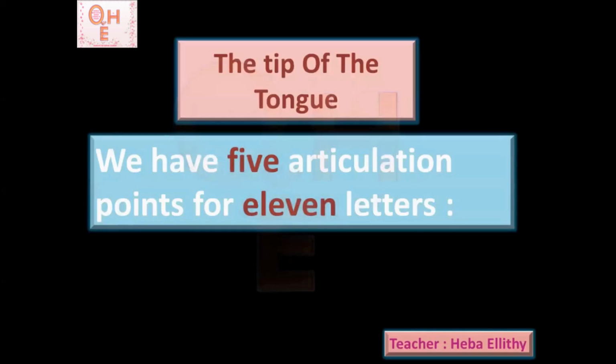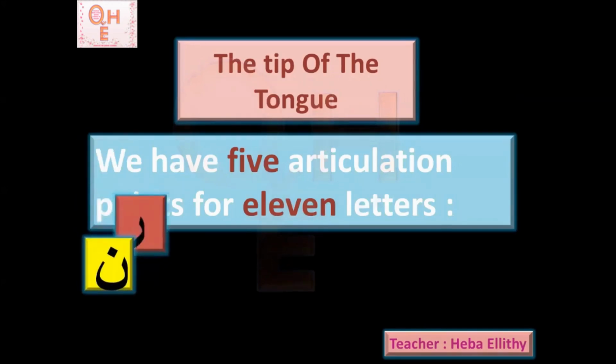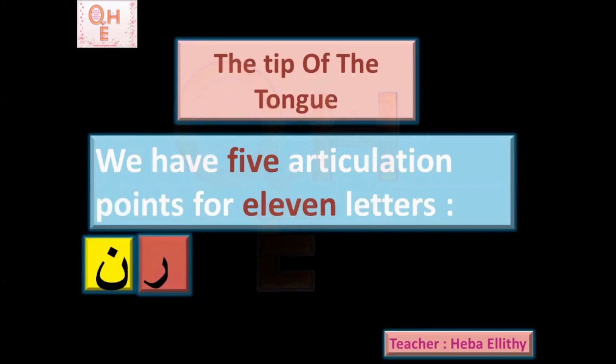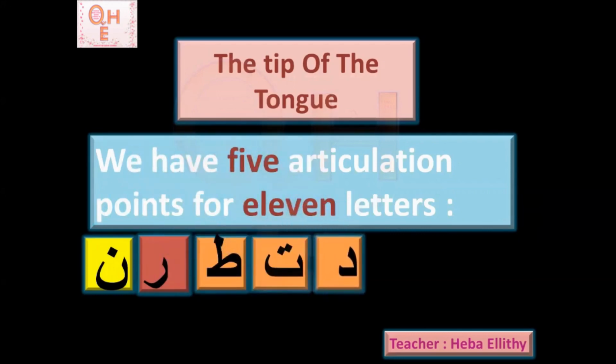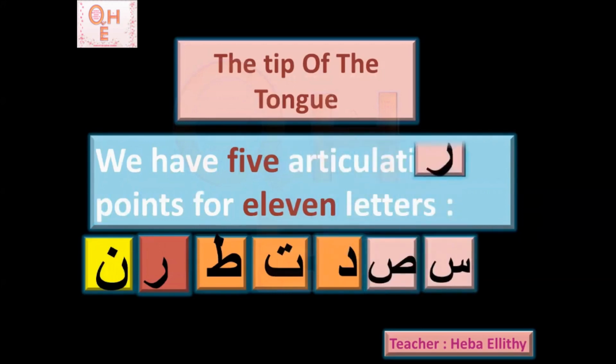What are these letters? We have letter Noon, and this is our first articulation point. We have letter Ra, and this is our second articulation point. And we have letter Ta, and Ta, and Dal. This is one articulation point. These 3 letters come out from it. And we have letter Sad, and Sin, and Za, and these come from one articulation point too.